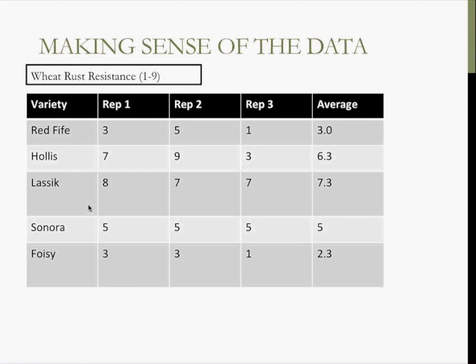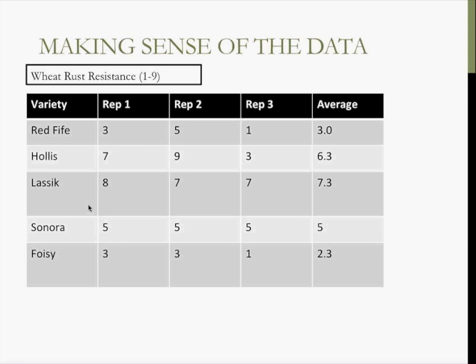You may have a spreadsheet recording all of the scores that you gave for wheat rust resistance in your trial, and say that you had 3 replications, where you planted each of your varieties 3 times in the trial, and you walked through the field and gave each of them a rating, with 1, for example, being the worst and 9 being the best.